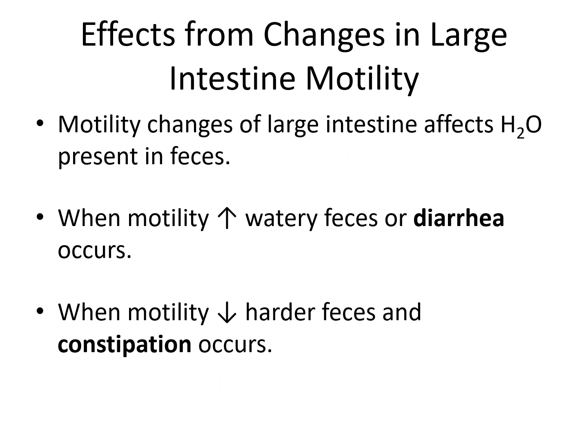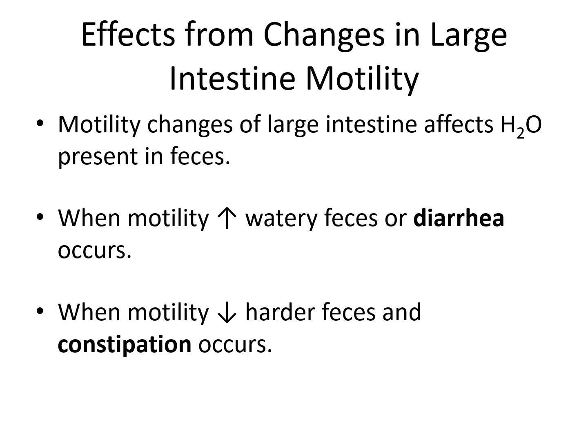Okay, so finally, let's talk a little bit about the effects from changes in large intestinal motility. You could have a hyperactive large intestine, which causes things to move faster, or you could have very low motility where things move slower, and this can have very profound effects on defecation. So motility changes of the large intestine affect water present in feces. When motility increases, watery feces or diarrhea occurs because there's less time for water to be absorbed.